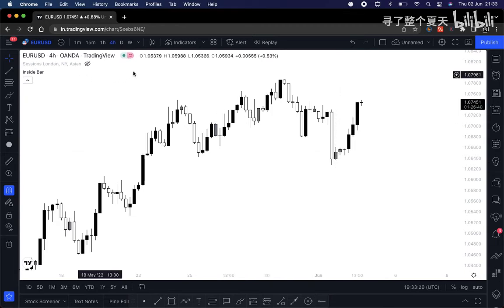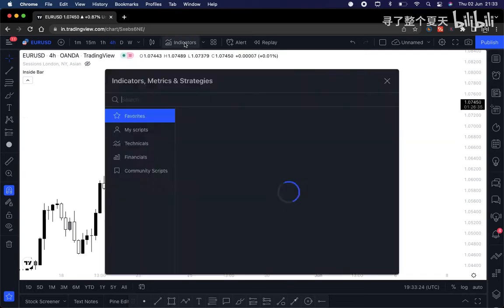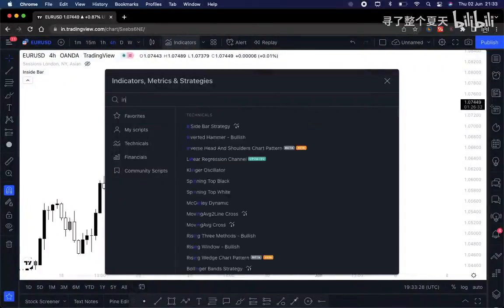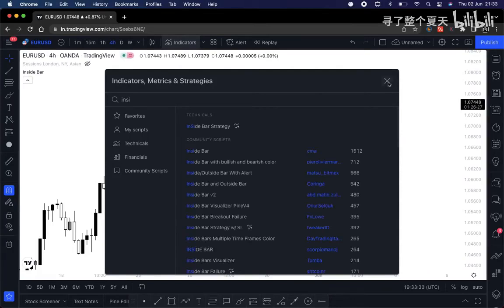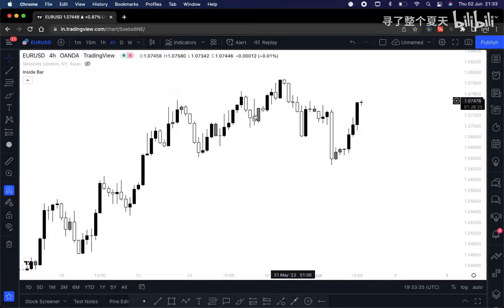And what you can do is you can go to the indicators and just search inside bar, and then it'll show you what price is doing around that area there. Is it pushing to the upside, or is it just on a standstill, right?